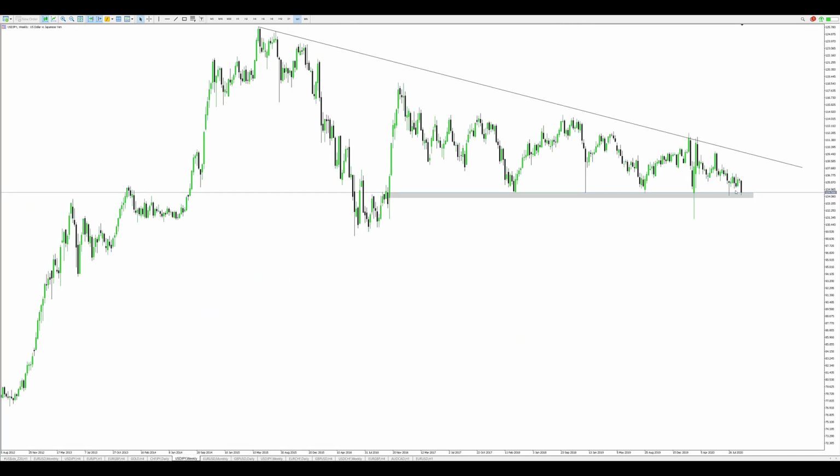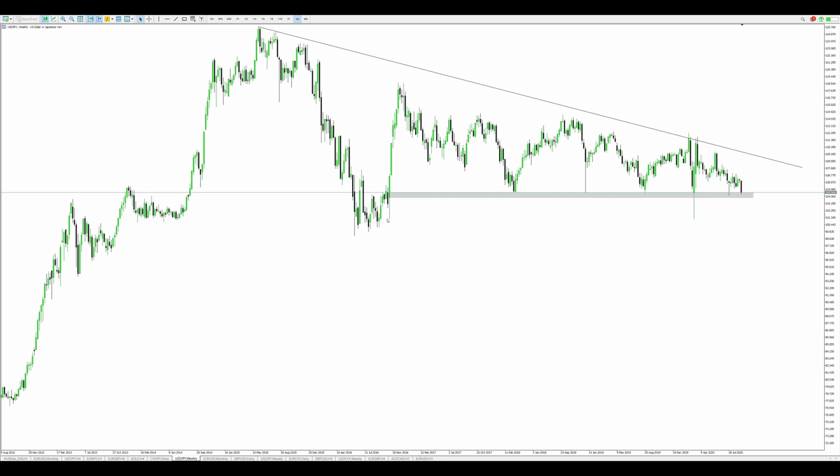I did share this chart. This is the one I was talking about. How price reacts here next week. A close above 104.50, then we could see price trading higher, but a close below 104.50, we could see price trade all the way to these lows in the coming weeks.